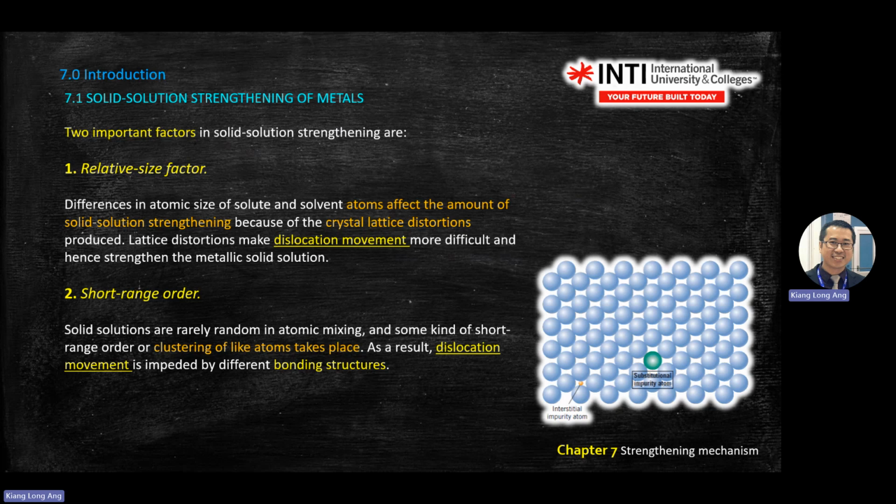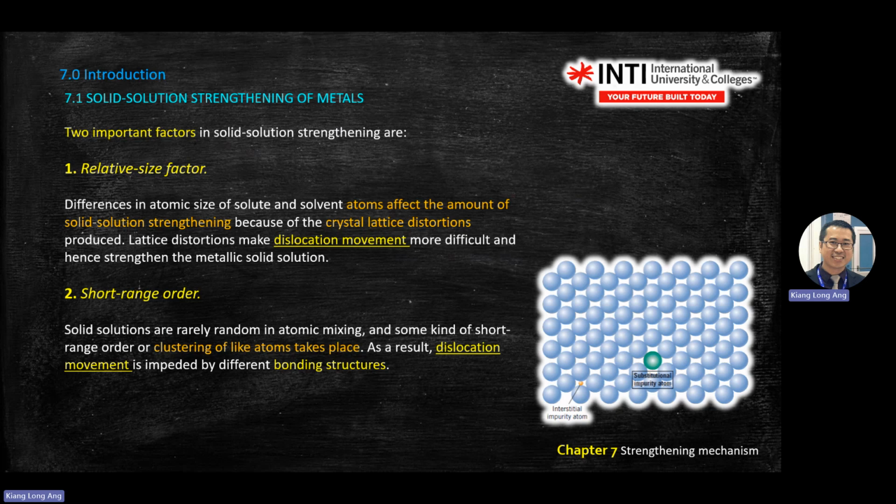Short range order here is, okay, this one is when we study polymer. You know polymer. Polymer consists of monomer. You join the monomer together, it becomes polymer. Like a rubber lah, rubber.